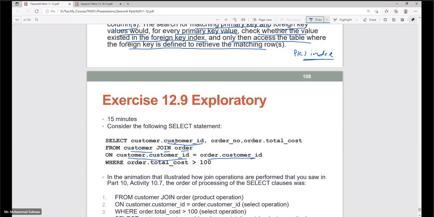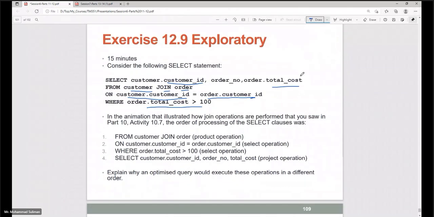We are joining these tables using these two indexes, and then we check the later condition on total cost. So the indexing is helping in joining the tables to retrieve the data from the database.